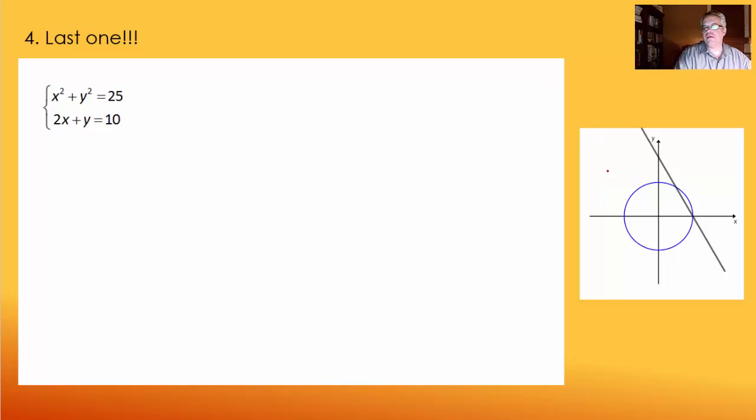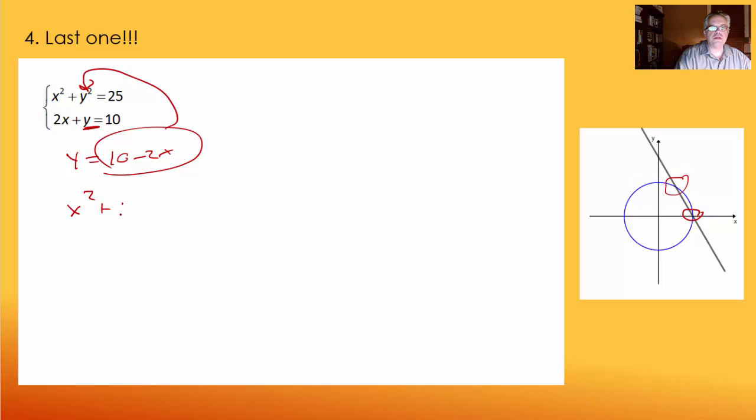And we have a line that crosses it, and again, it intersects it at 2 points, so we're expecting 2 solutions. Okay, this is the easiest thing to solve for. So I get y equals 10 minus 2x, and I'm going to take that, put that into here. So we have x squared plus quantity 10 minus 2x squared equals 25.